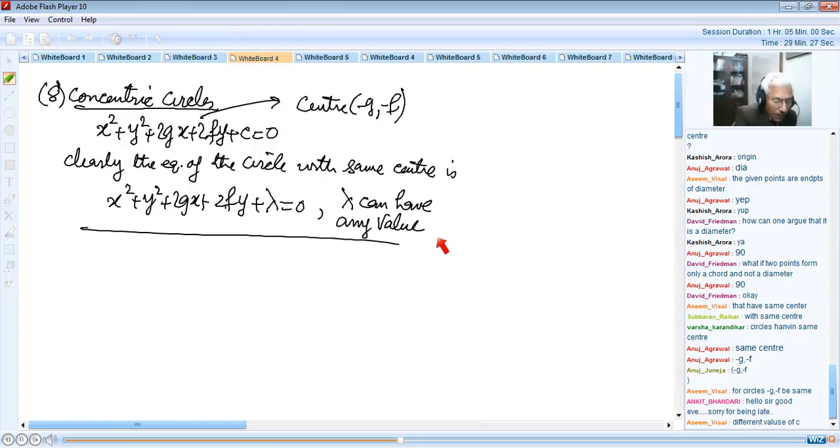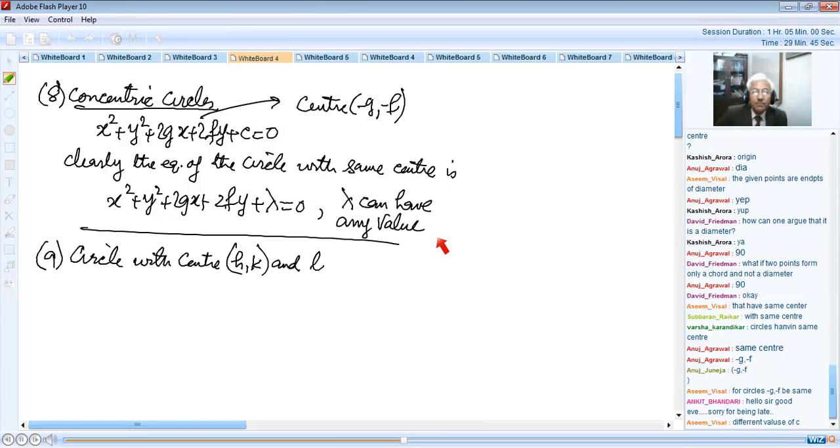We're now talking about, for example, a circle with center (h, k) and touching the x-axis. Can you guess what should happen?